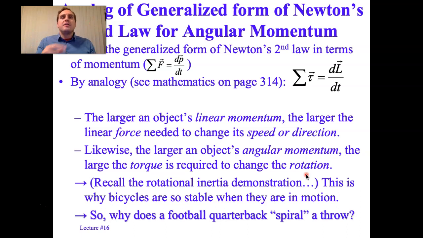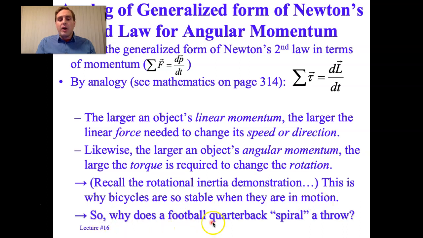It takes a lot of torque to get the bicycle tire going, but once you get it going, it keeps its angular momentum very well. That makes the bicycle tire very stable. Its axis of rotation is hard to change the direction of, and once it's moving, it keeps rotating. This is why bicycles are so stable when they're in motion.